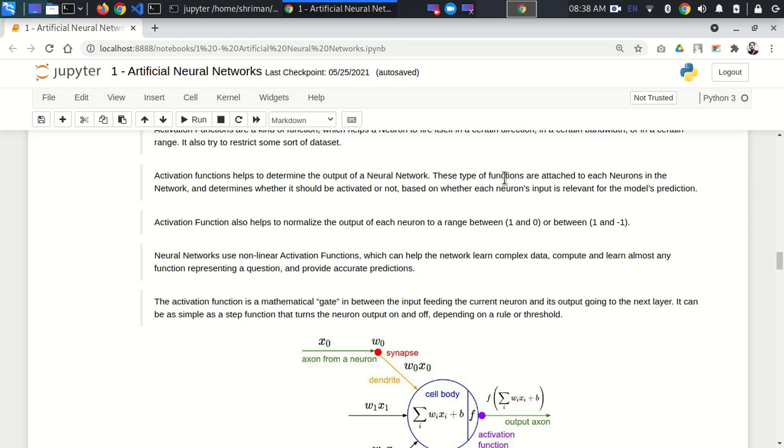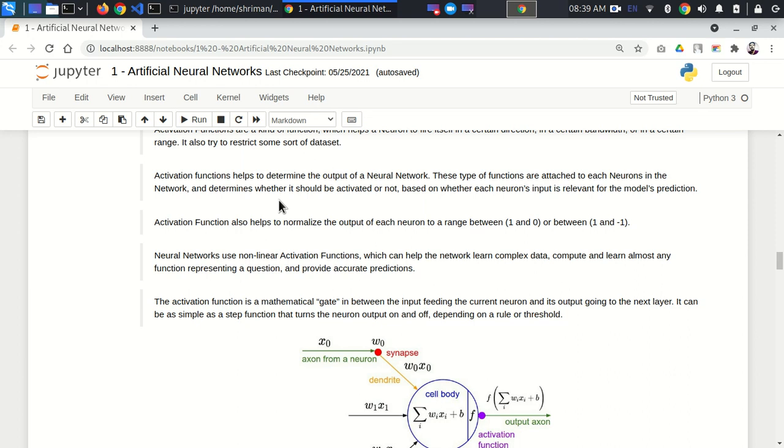This type of function is attached to each neuron in the network and determines whether it should be activated or not. So we are going to utilize activation functions in each and every neuron, in each and every layer, and it will determine whether this neuron should be activated or not, because it is not the case that each and every neuron will activate at the same point of time, right?